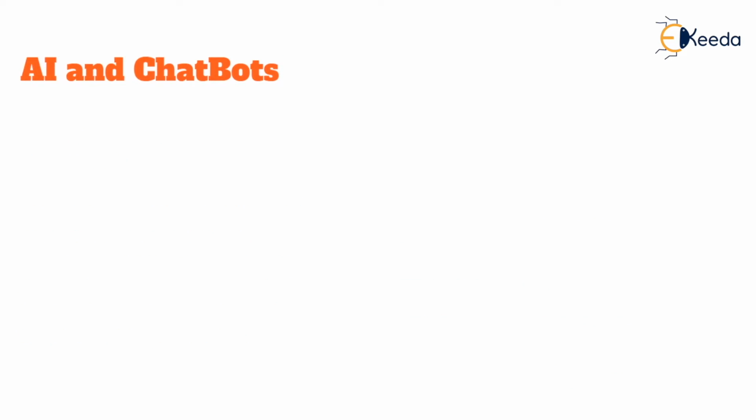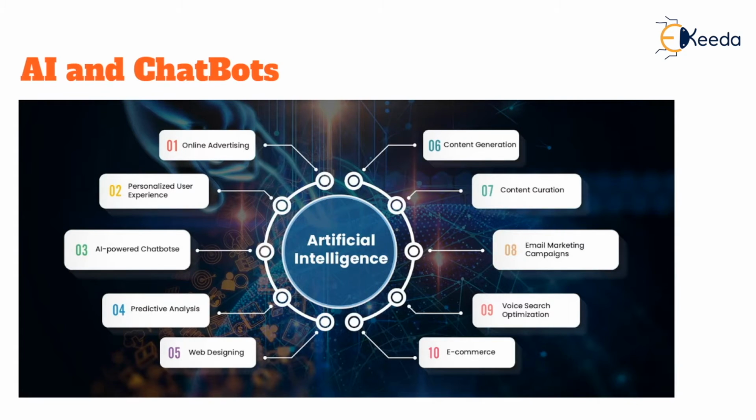Then another important trend in digital marketing is AI and chatbots. And this is something that has been gaining traction. And although a very limited use is visible today, especially in e-commerce, this is something that is there to stay and is definitely growing by leaps and bounds.